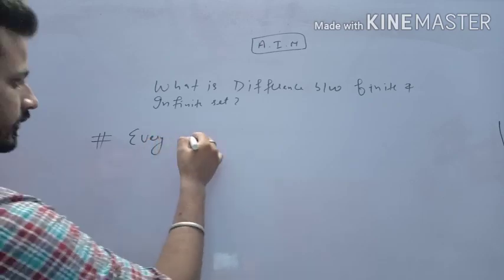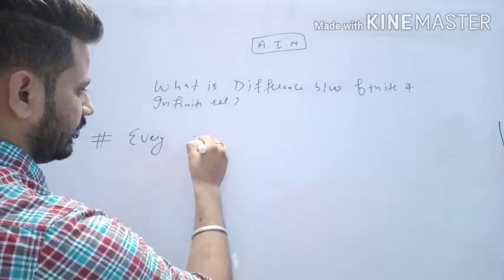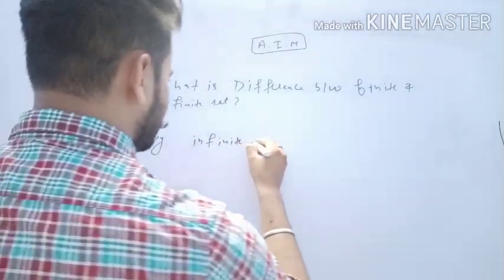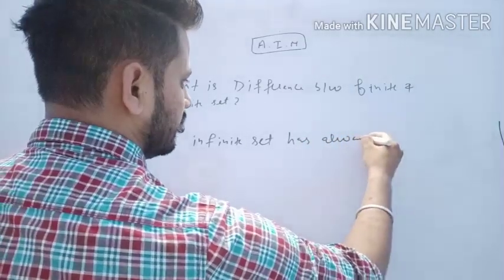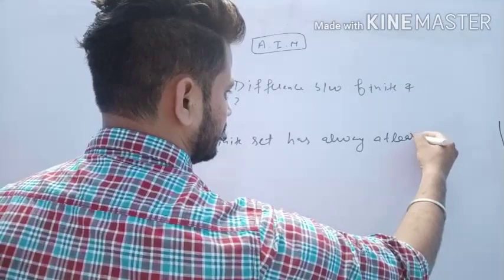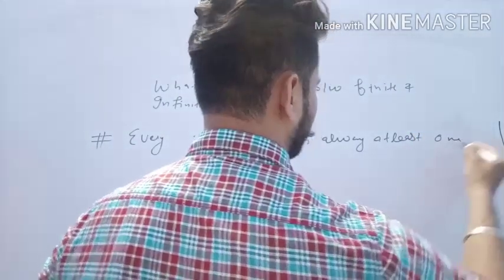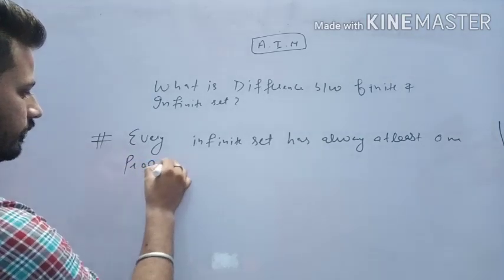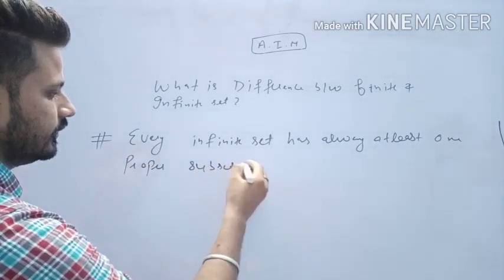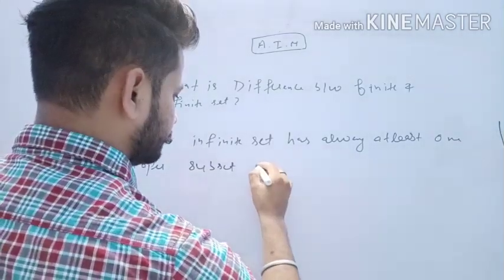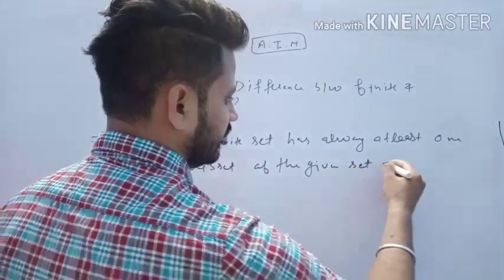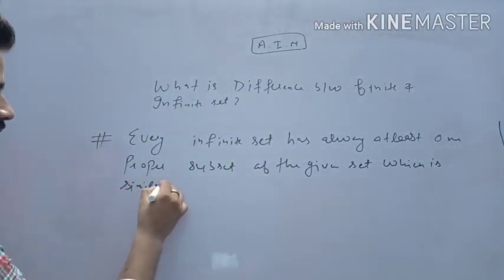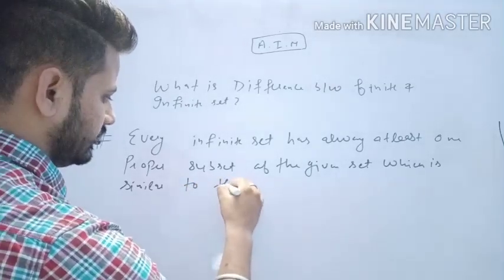Every infinite set has always at least one proper subset of the given set which is similar to that set.